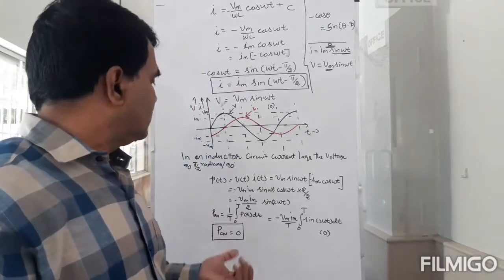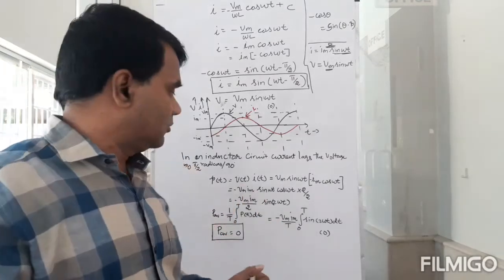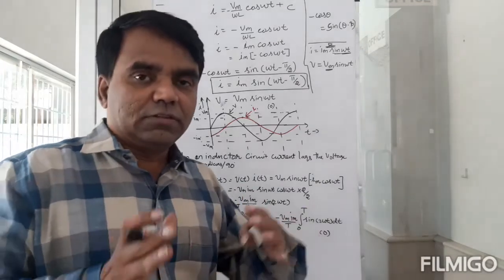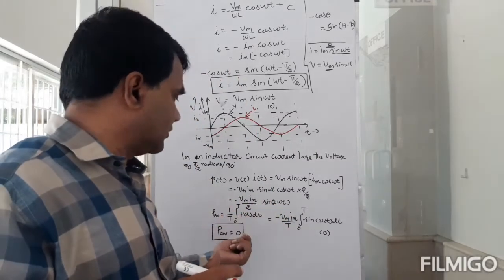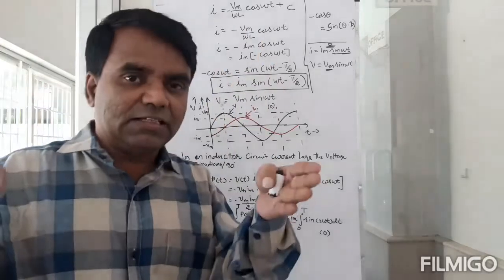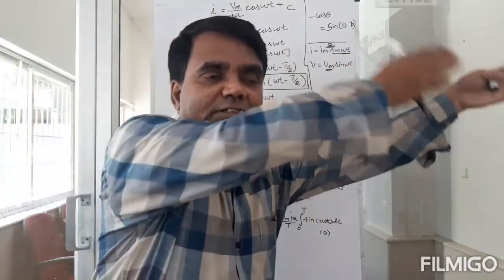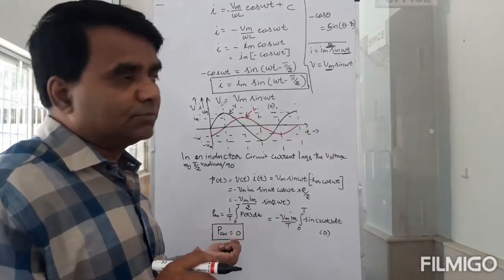There is no average power in an inductive circuit, because the average power over a cycle is 0. If this cycle is 0, then every other cycle is 0. So the average power is 0 here.